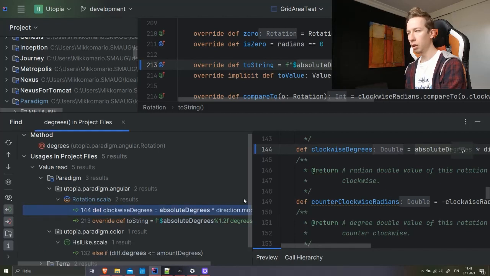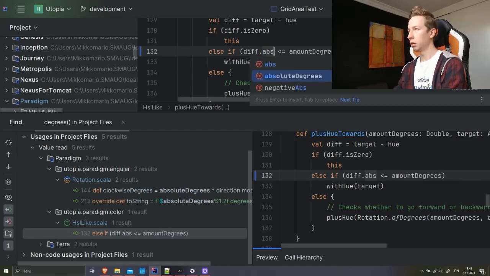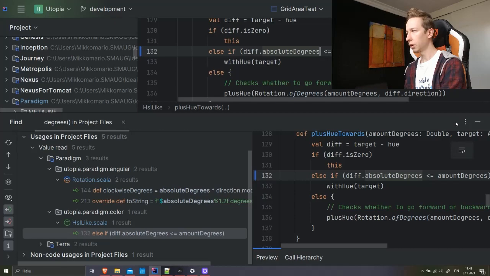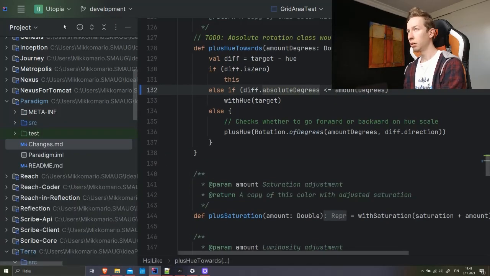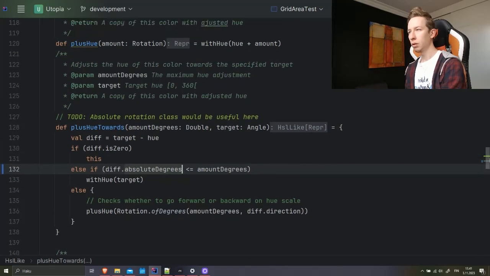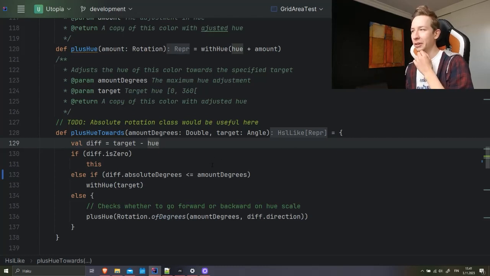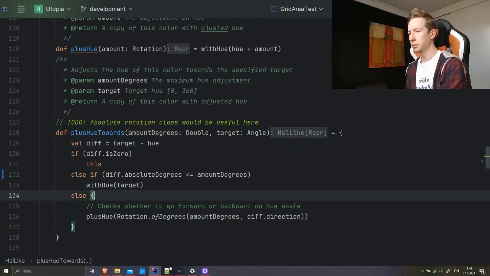And then in color we have absolute decrease. I think I might check what that actually does. It seems like I've already faced some sort of problem here. Towards the specified. Okay, yeah, looks good.